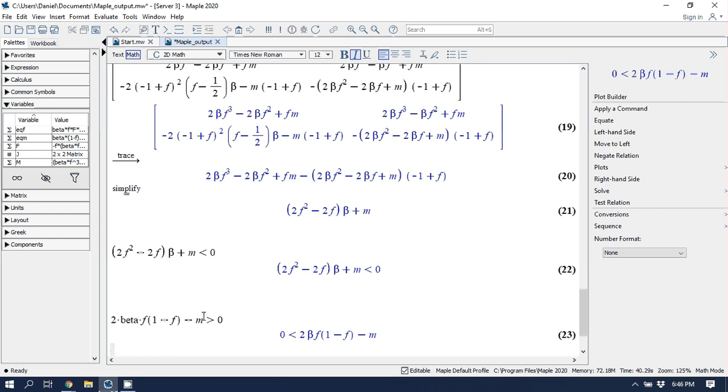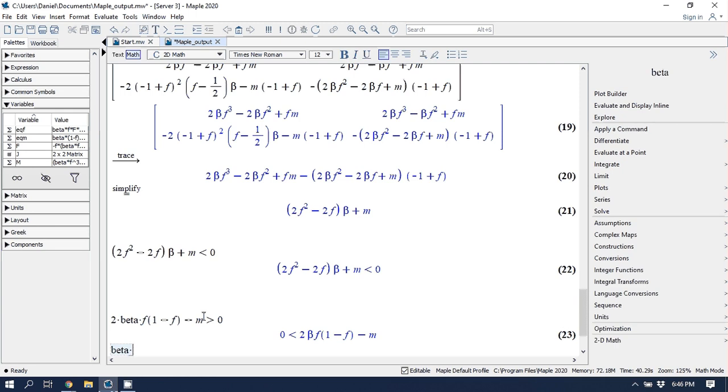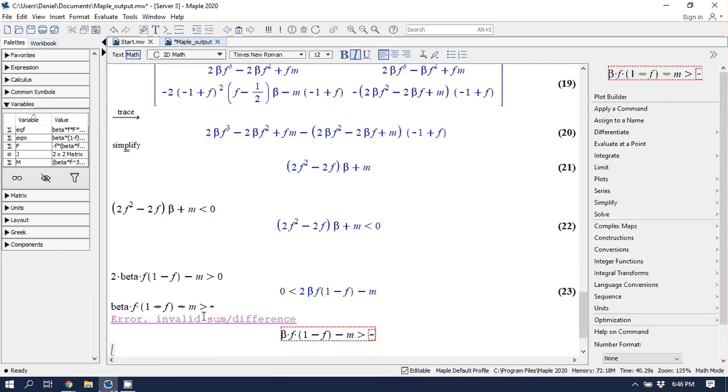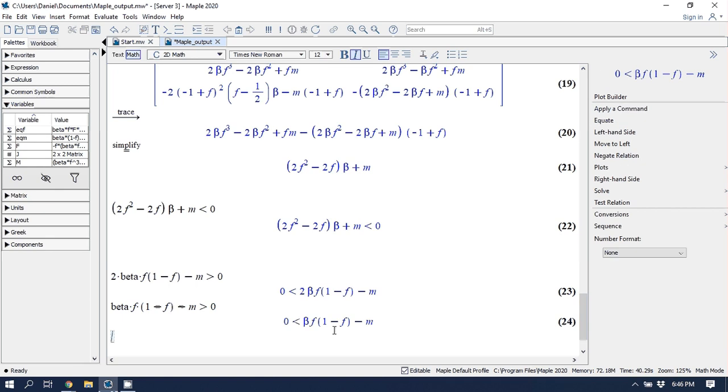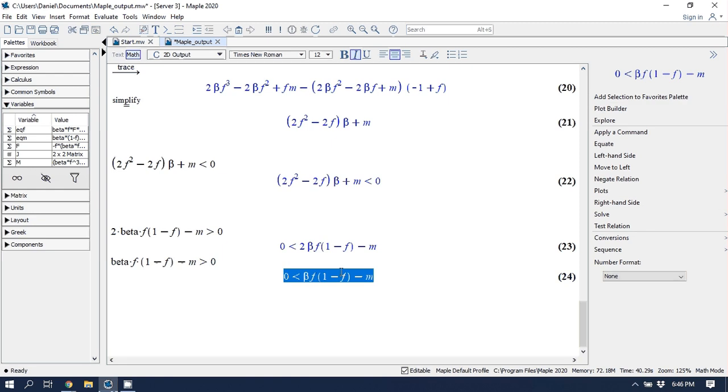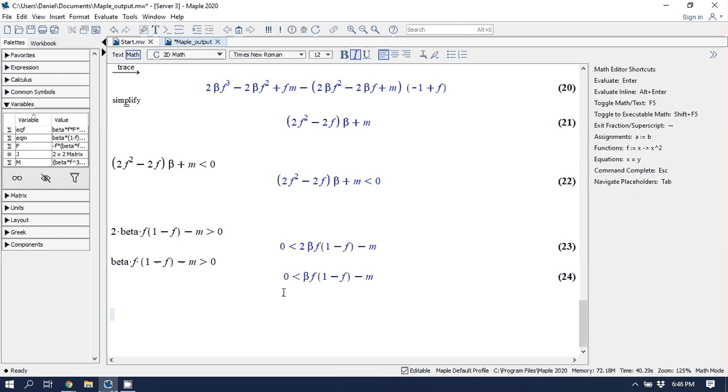But remember, we already have that beta times f times 1 minus f minus m is greater than 0. And now if you compare the two, I hope it's pretty obvious that once this is established, then this is also satisfied.